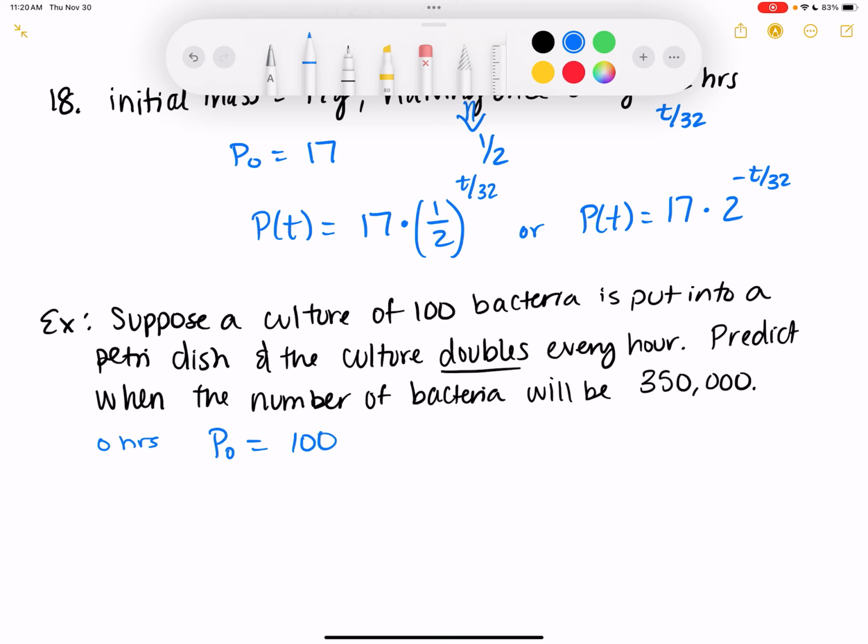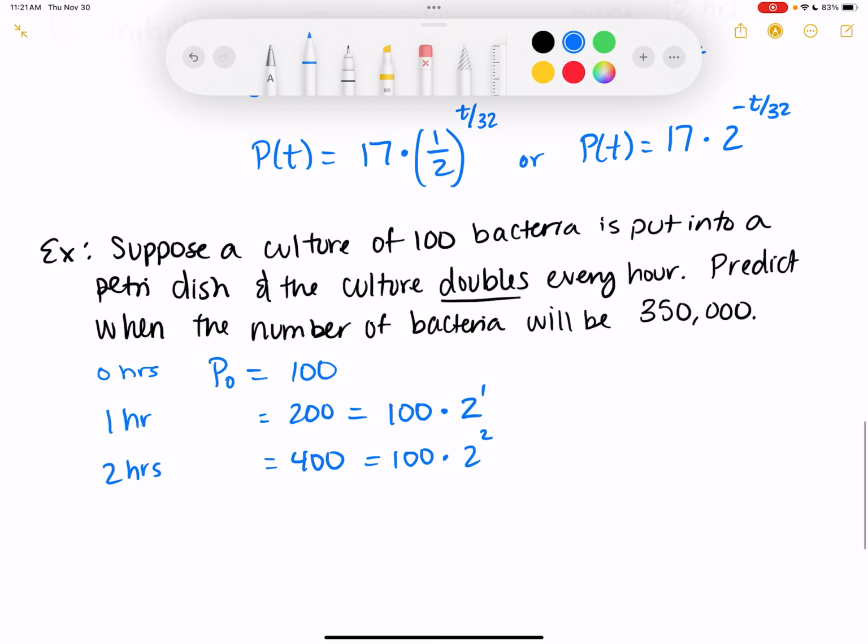It doubles every hour, so at 1 hour, there's going to be basically 200, because that's 100 times 2 raised to the first. Then at 2 hours, it's going to double again, which gives us 400, and the way we get that is 100 times 2 squared.